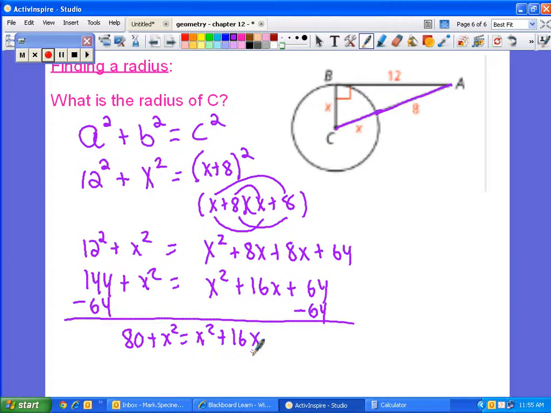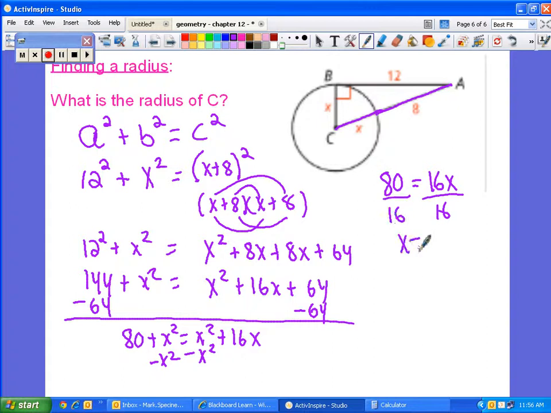Subtract what, Bill? What happens when I subtract x squared from both sides? They cancel out. So that leaves me with 80 over here and 16x over here. Now to solve for x, I divide both sides by 16.